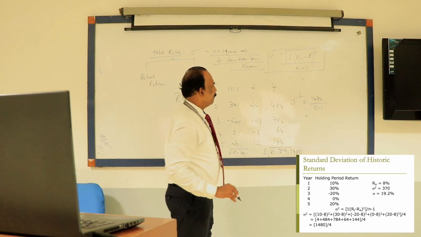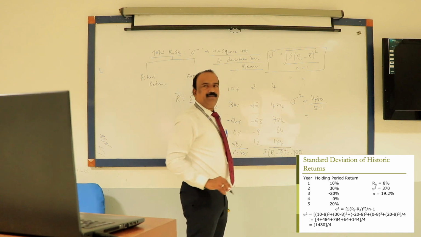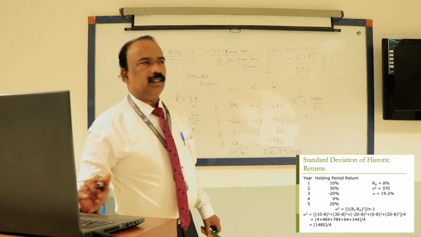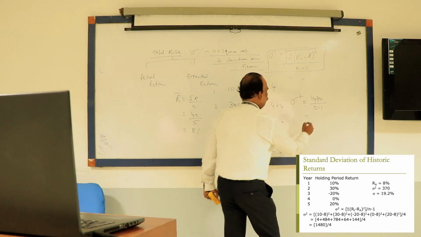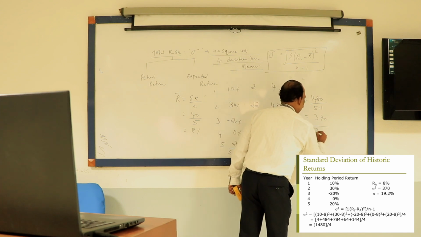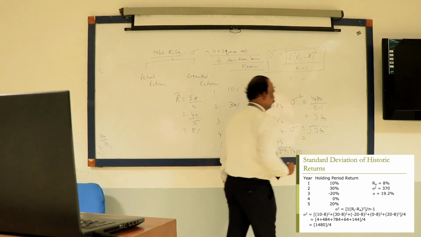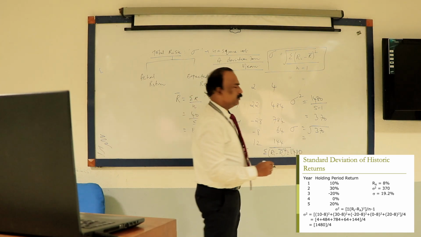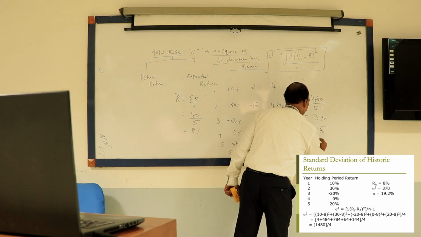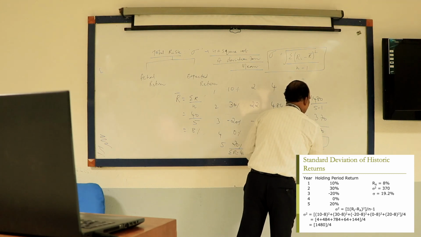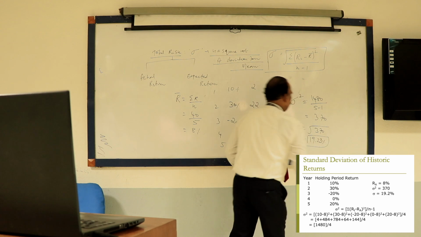How much comes? 370. Then standard deviation is equal to square root of 370, that is 19.23. That is called standard deviation.